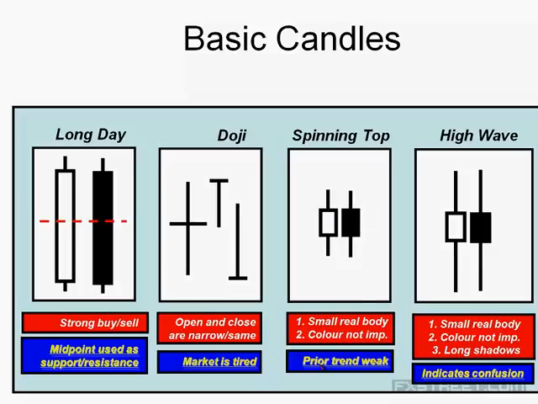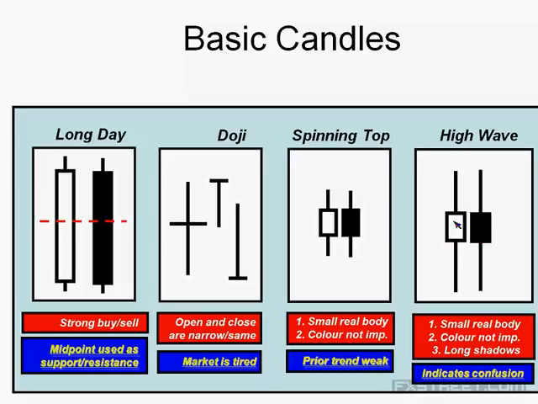Then there are variations of the first two, spinning top and high wave. Spinning top is basically where you have a small real body. The open and the close has a small spread difference between the two. And this just shows that the prior trend is weak.